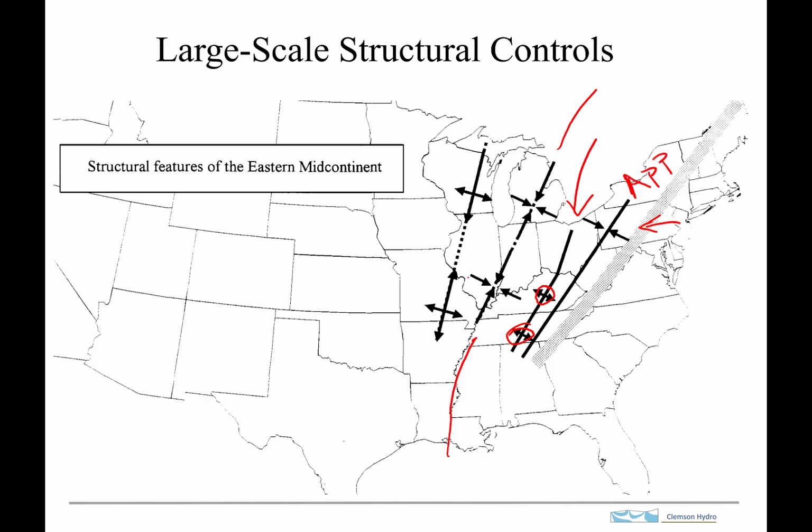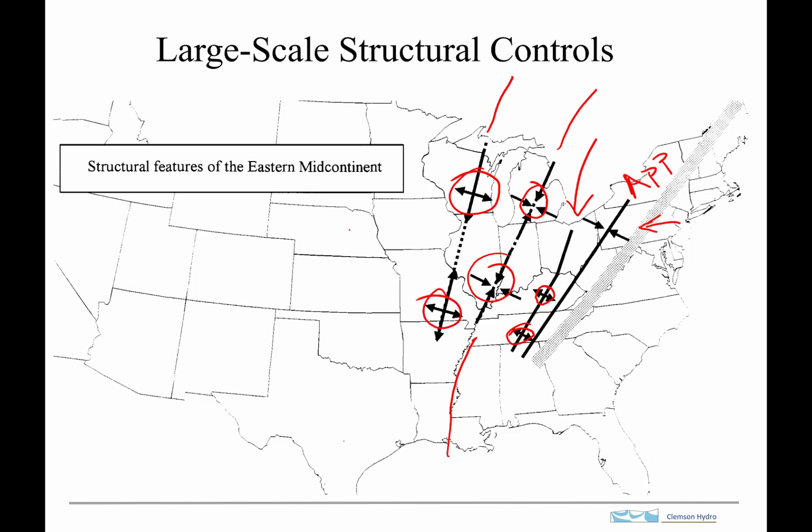And then right in here is the Illinois Basin, and this is the Michigan Basin. And then the next structural feature is this guy here. This is a structural high, and this is the Wisconsin Arch here and the Ozark Plateau.